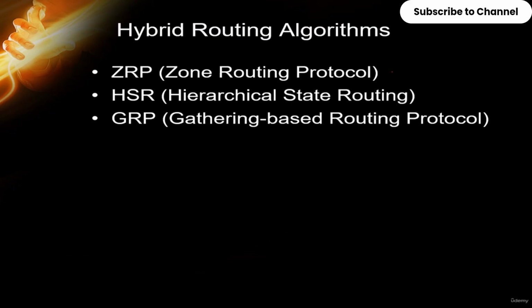How it is done is using proactive routing within a local zone and reactive routing for interzone communications. The zone radius defines the radius of each zone, and local routes are maintained proactively within the radius. Scalability is offered by reducing the control overhead, which combines the concepts of proactive and reactive protocols.